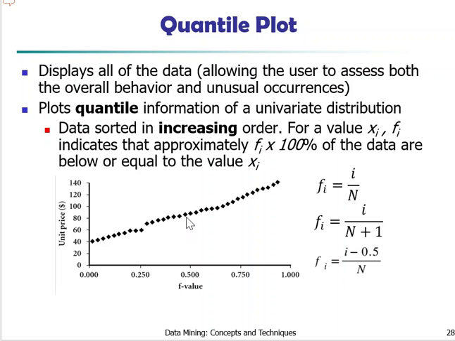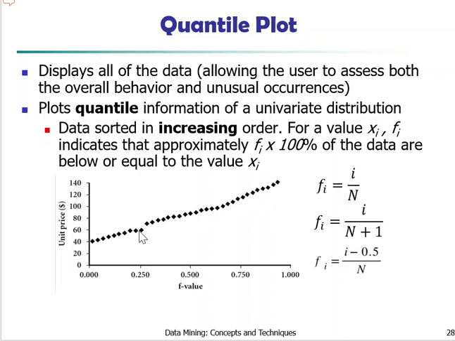So the median is roughly here, probably $80. And the Q3 is here. It's very similar, the minimum value and the maximum value. It's very similar to the 5-number summary and box plot. The only difference is that you can actually see the individual data points.